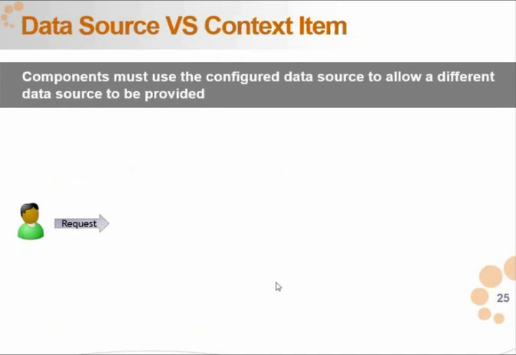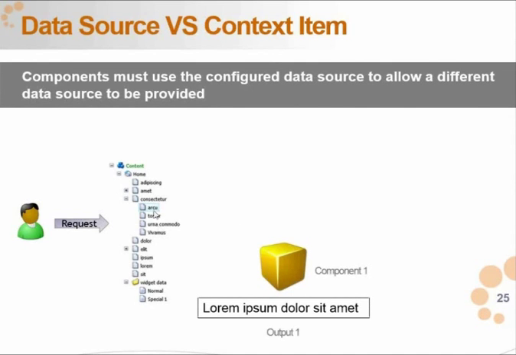And the last one would be using data source and the context item. So when you request a URL, it refers to an item in Sitecore. And sometimes the context item is pulled automatically into your component.